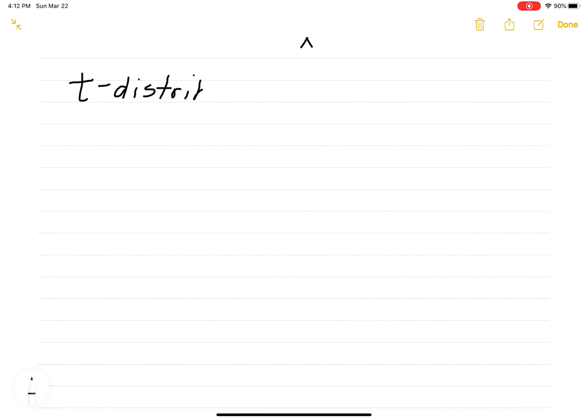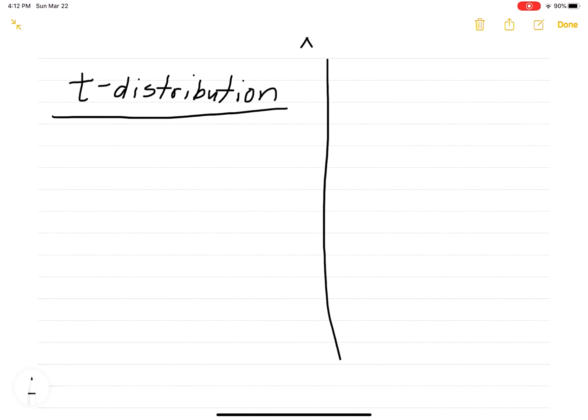It turns out that there's some other distribution that's a whole lot like the standard normal distribution, and that's called the t-distribution. So what we want to do is define what are called t-scores.